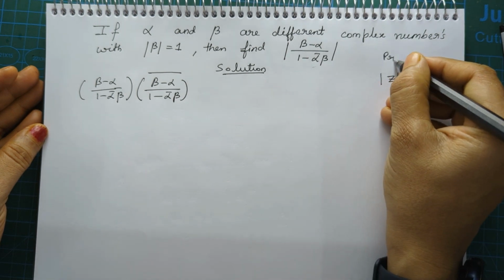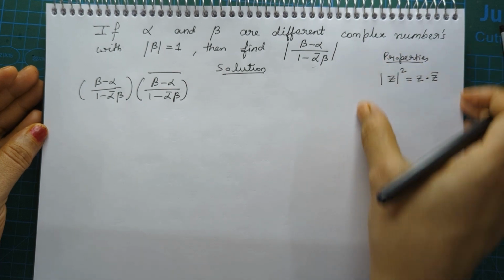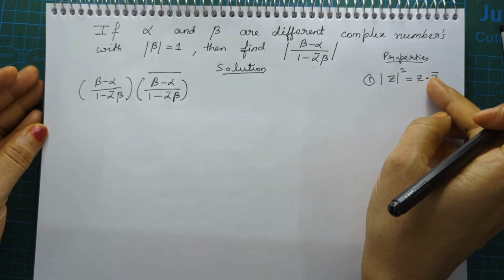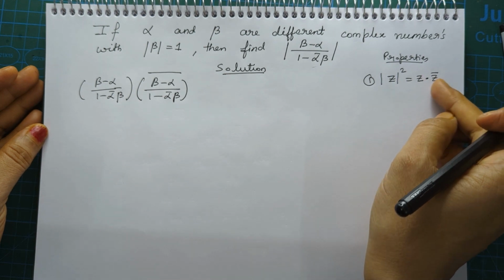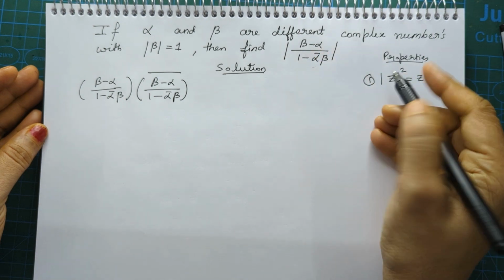Whatever properties I'm going to use while solving this question, I will list them down in the right side zone. So the first one is this. I started with this to get the value in form of this, which is our requirement.